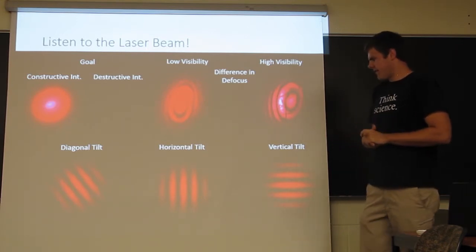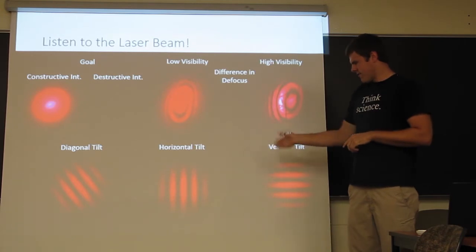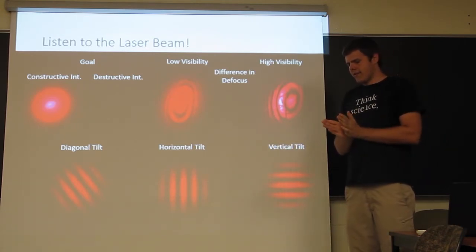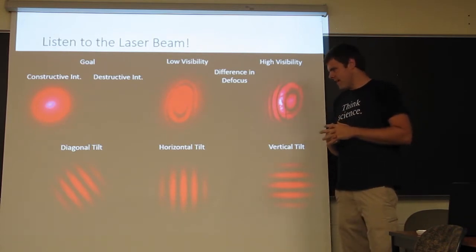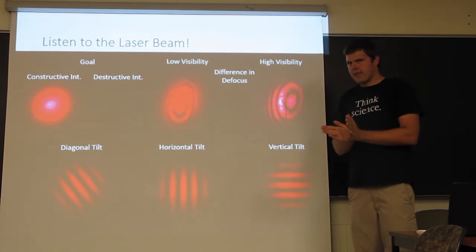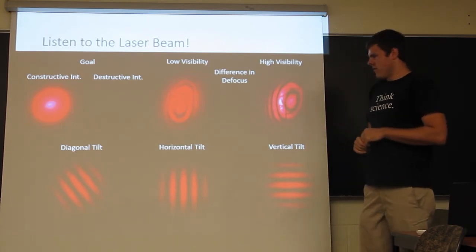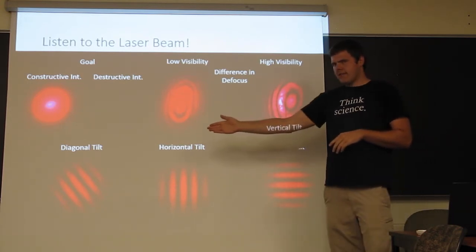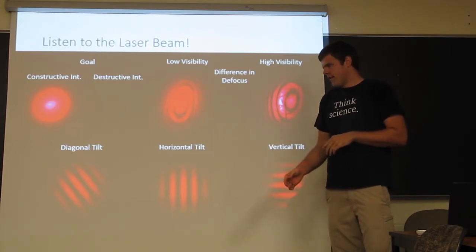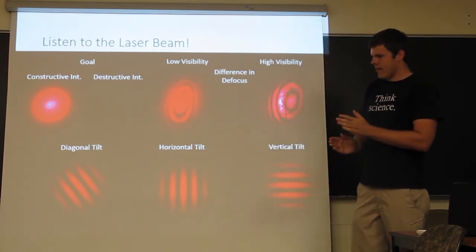Finally, if you see spaced fringes like this, that means that there is a relative tilt between the two beams, and the direction of the spacing tells you what direction the tilt is. So if I were to see a beam like this, I would pick vertical or horizontal, and I would say I picked horizontal.